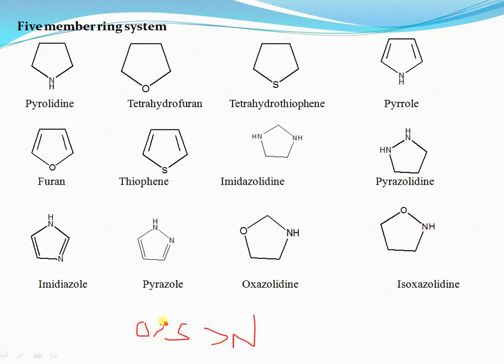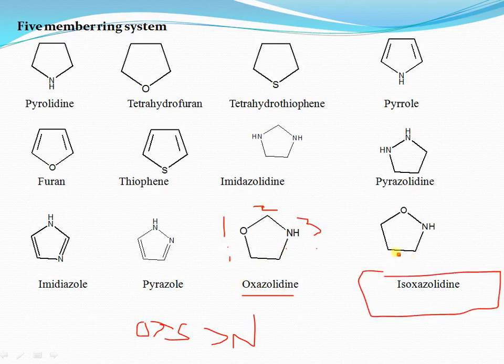If 2 or 3 heteroatoms are present, for example oxygen and nitrogen, oxygen gets the first preference, then sulfur, and then nitrogen. Oxazolidine, so it is 1,3-oxazolidine, because oxygen is at position 1 and nitrogen at 3. It is isoxazolidine, where iso means they are ortho, or nearer, to each other.